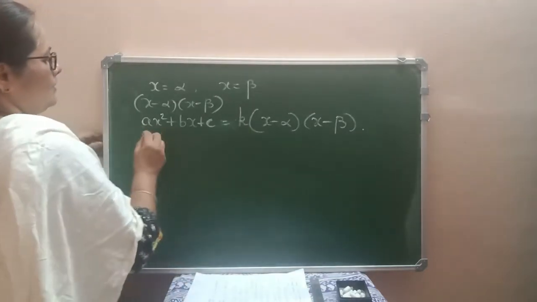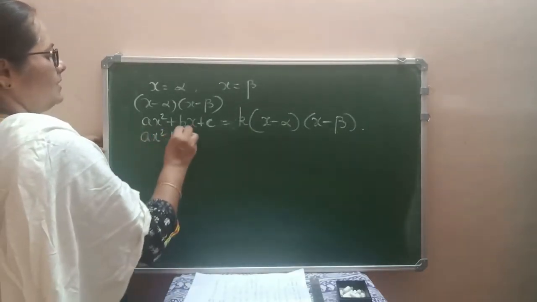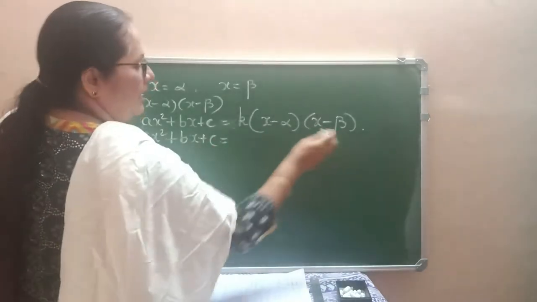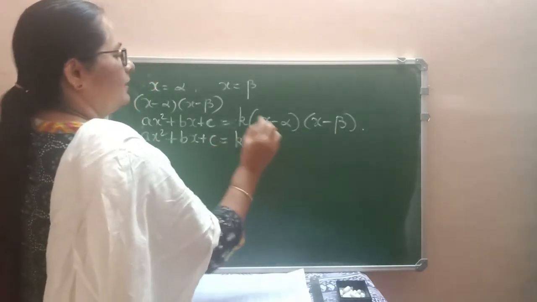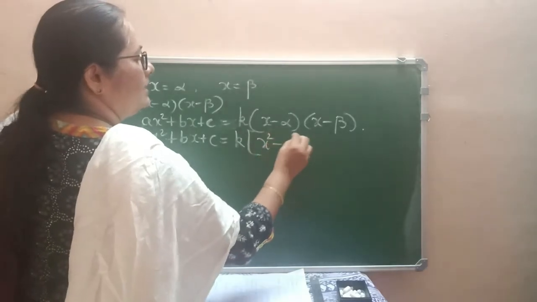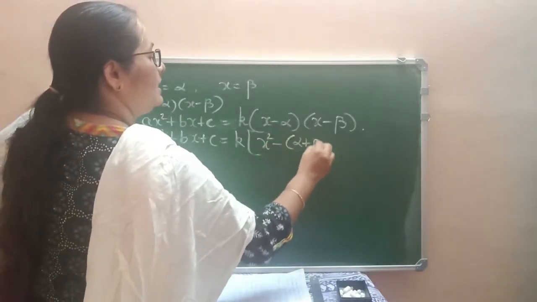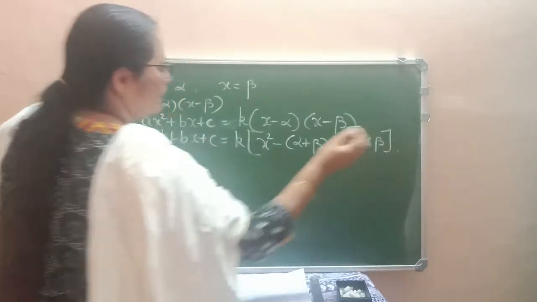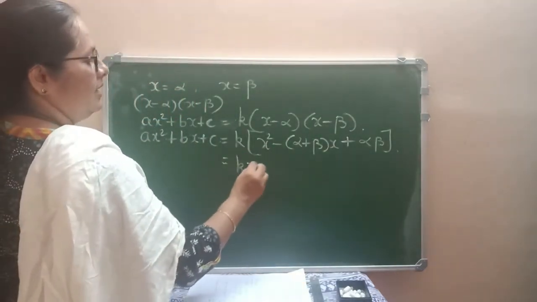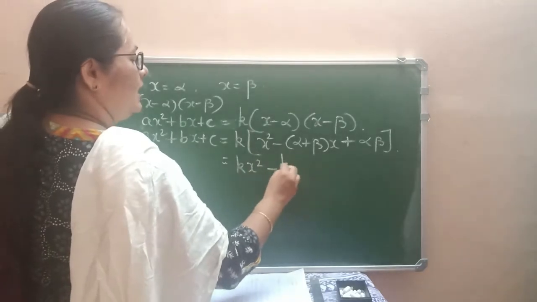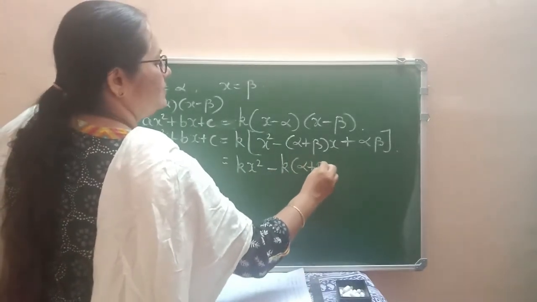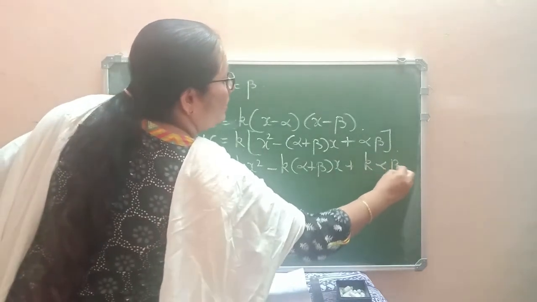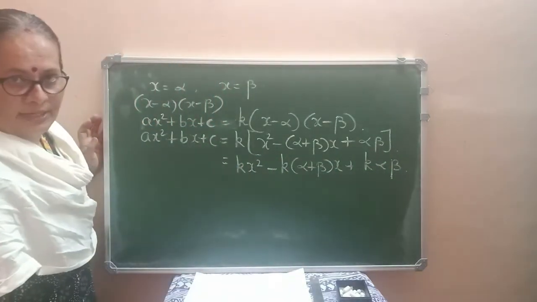Now multiply these two factors, you will get x square minus alpha plus beta into x plus alpha beta. So which is nothing but kx square minus k into alpha plus beta into x plus k alpha beta, where k is a constant.